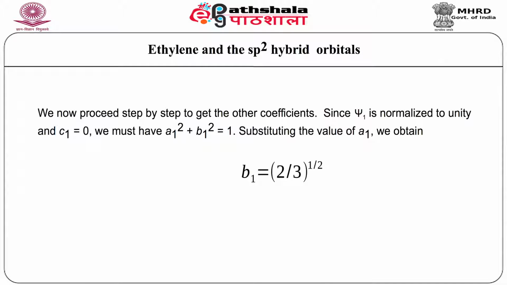We now proceed step by step to get the other coefficients. Since Ψ1 is normalized to unity and C1 equals 0, we must have A1 square plus B1 square equals 1. Substituting the value of A1, we obtain B1 equals square root of 2/3.